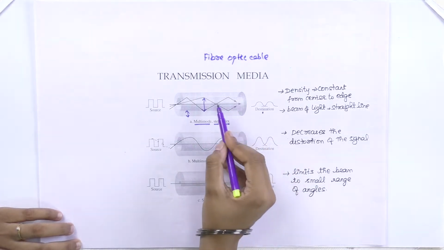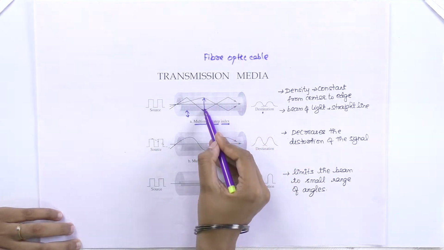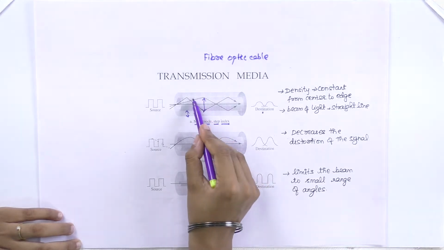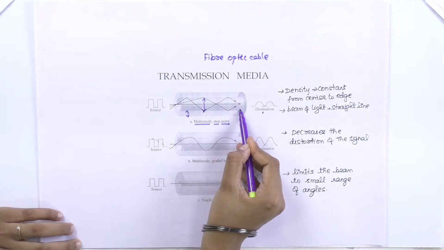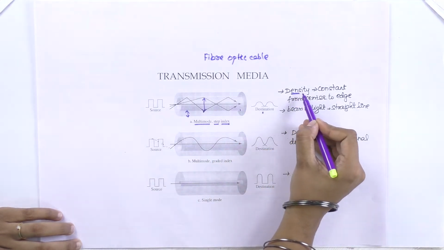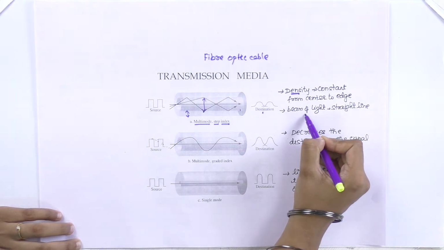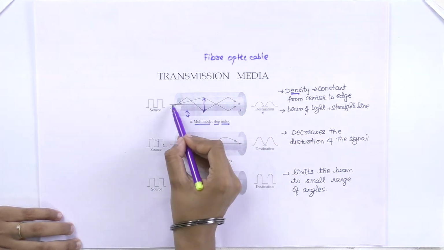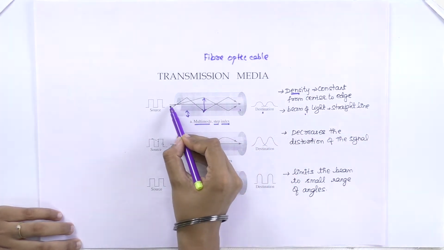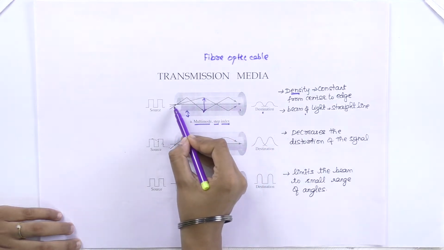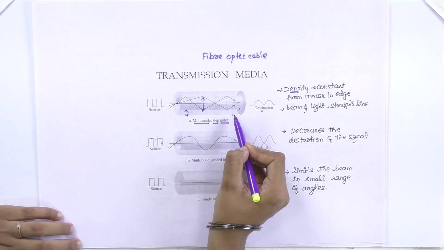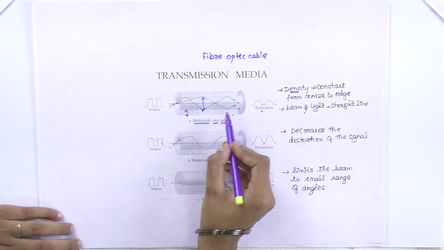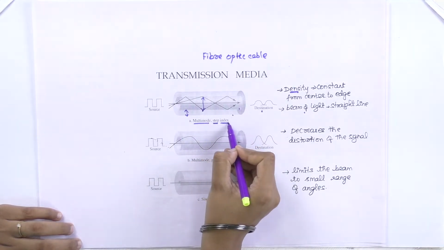What happens is that the density of the core remains constant from the center to the edge. The beam of light coming from the source travels in a straight line. You can look into this, and here we have some distractions. This is the way light waves get propagated in a step index.